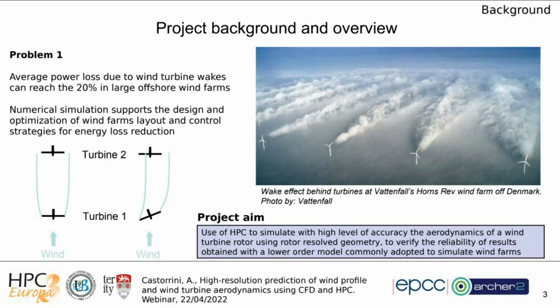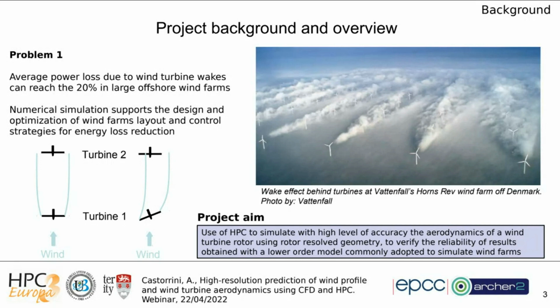The background of the problem that is going to be addressed here comes from the so-called wake effect, that sometimes, or maybe often, is a source of losses for turbines that are behind a row of turbines that is hit by the wind inflow and is releasing a wake, as you can see from this old but very famous picture of an offshore wind farm in the Sea of Denmark.